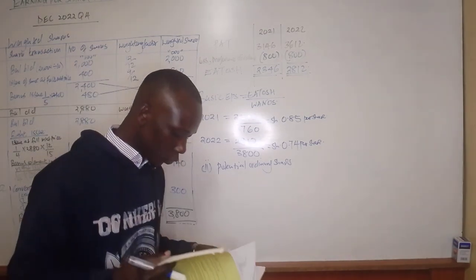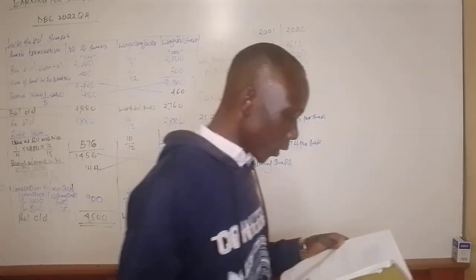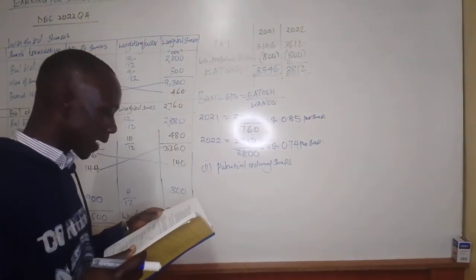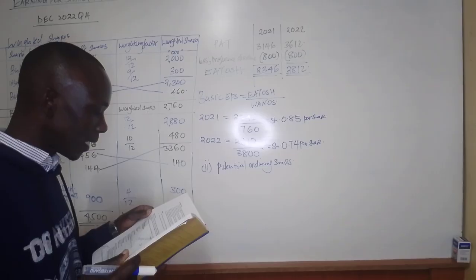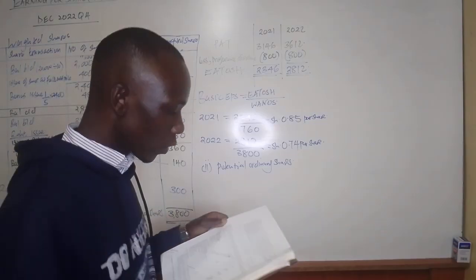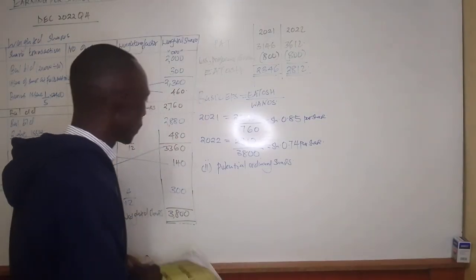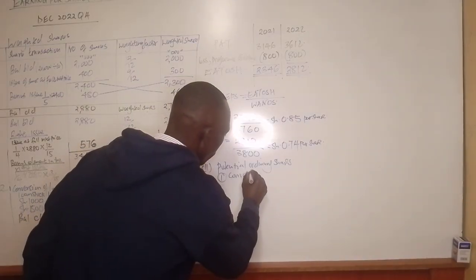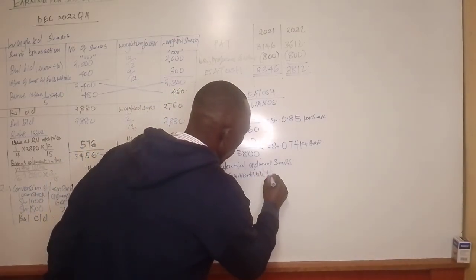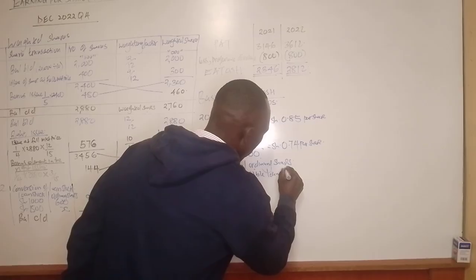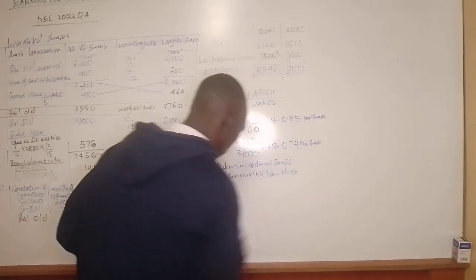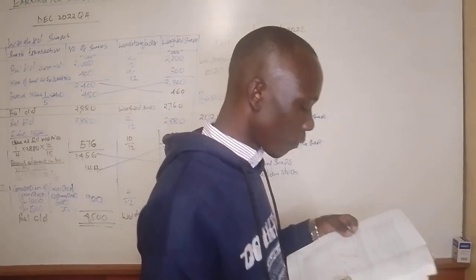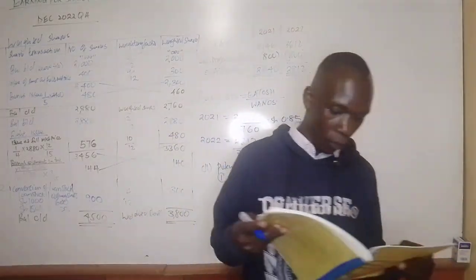So this is what we are told. If we go to note number 4, you are told that the company has had in issue convertible loan stock. So the first one that is available is convertible loan stock. That is one of what? Potential ordinary shares.